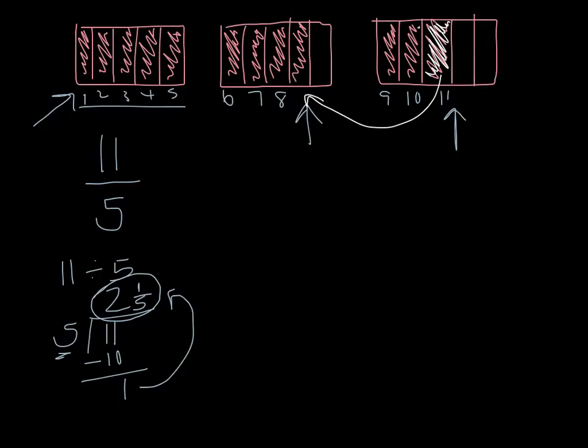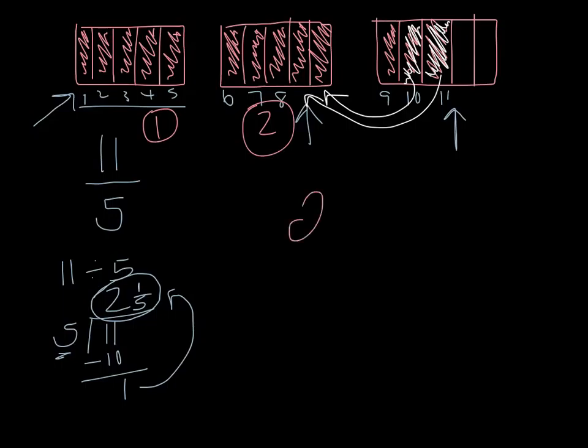And I also want to get rid of this shaded area, and I can move it here. So I can move around my shaded pieces to make it a simpler problem. So now if I want to find this as a mixed number, I can look and see how many whole objects have been shaded. 1, 2. So my whole number should be 2, just like I got here.